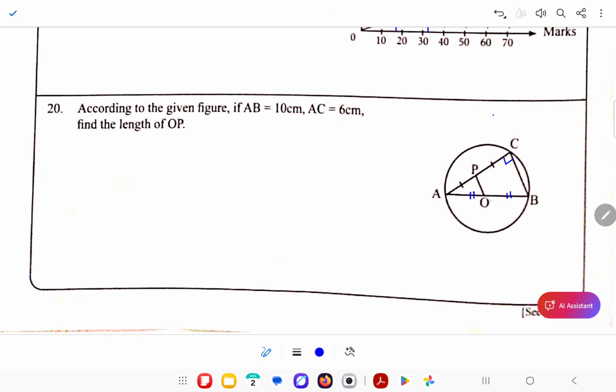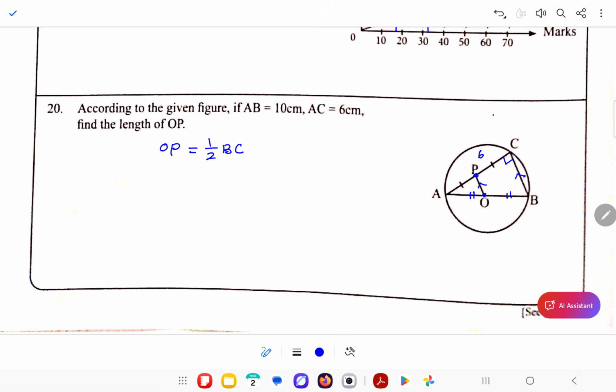And O is the midpoint of AB, P is the midpoint of AC. So this line connects the midpoint of two sides of a triangle. Then this is going to be parallel to BC. And OP length is half of BC, right? We know that theorem, no? The midpoint theorem in triangles. So OP is half of BC.